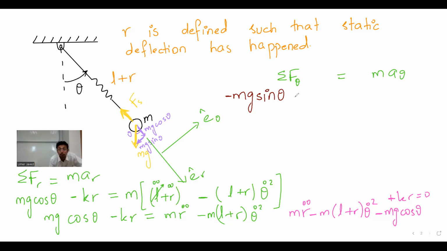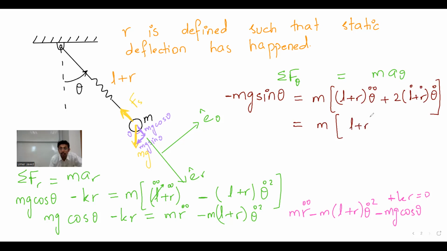Is equal to m into r theta double dot plus 2 r dot theta dot, which is m into L plus r theta double dot plus 2 r dot theta dot.